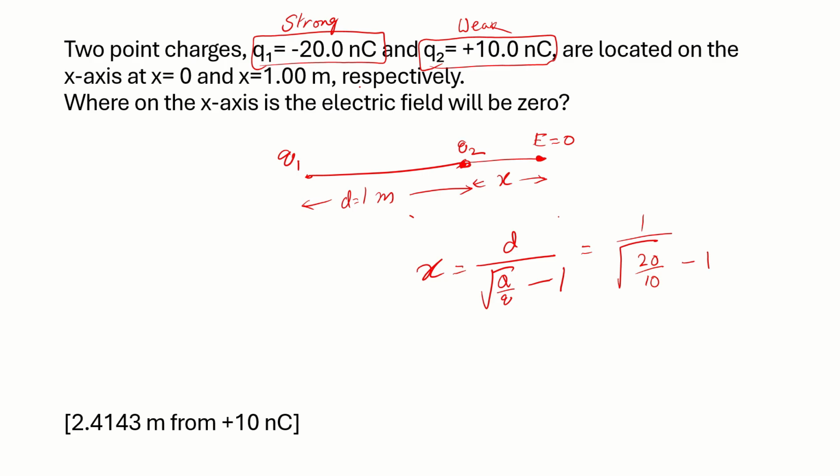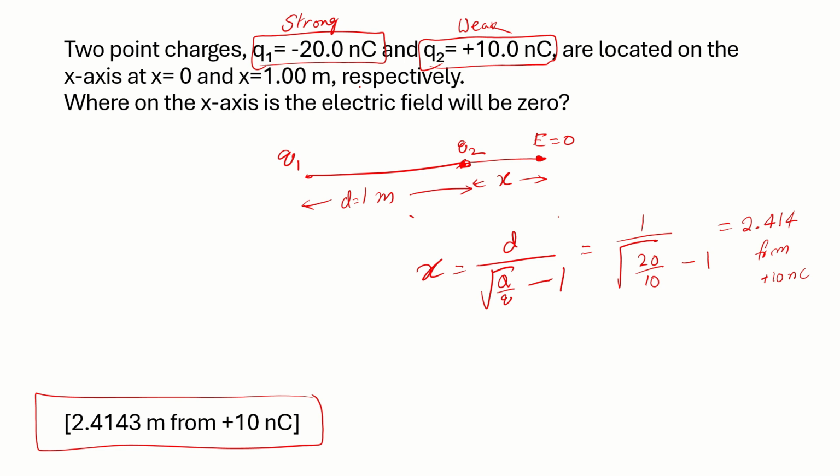The answer I got using the calculator is 2.414. This is always from the weaker one, so from the plus 10 nanocoulomb charge Q2. The answer also shows the same.